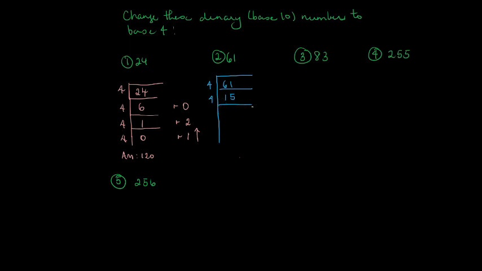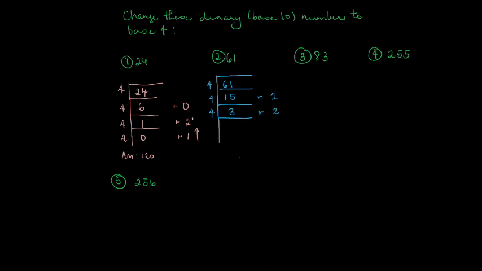So since it goes in 15 times, 4 times 15 gives us 60, and it has a remainder of 1. Now 4 can go into 15 3 times, and we know that 4 times 3 is 12 with a remainder of 2.